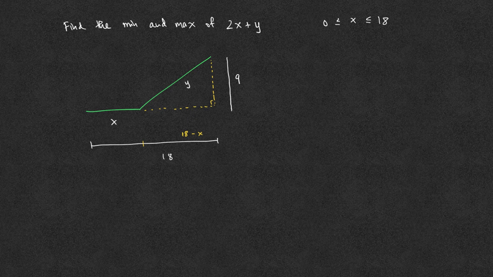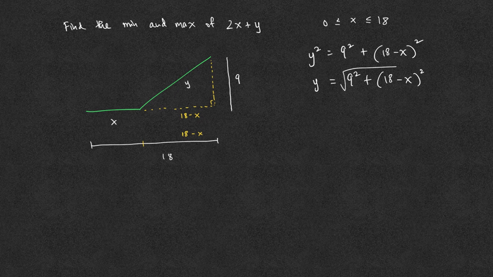The horizontal leg is 18 minus x and the vertical leg is 9. y squared is therefore 9 squared plus (18 minus x) squared. So y is the square root of 9 squared plus (18 minus x) squared.